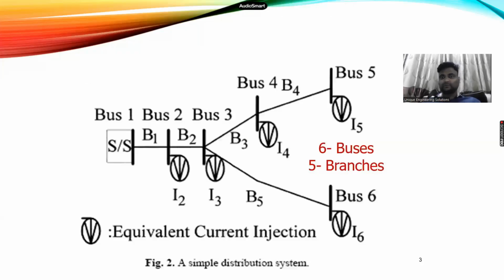In this figure, B4 will be I5, likewise B5 will be I6, and B3 will be I4 plus I5, B2 will be I3 plus I4 plus I5 plus I6. And likewise, we can find all the branch currents by using KCL at respective buses.